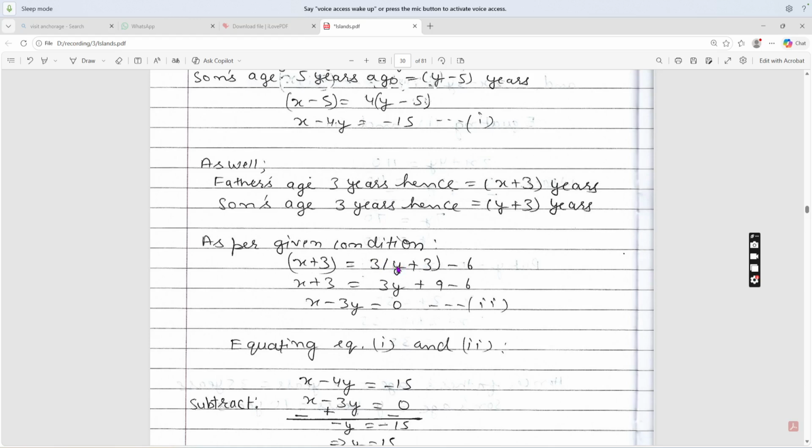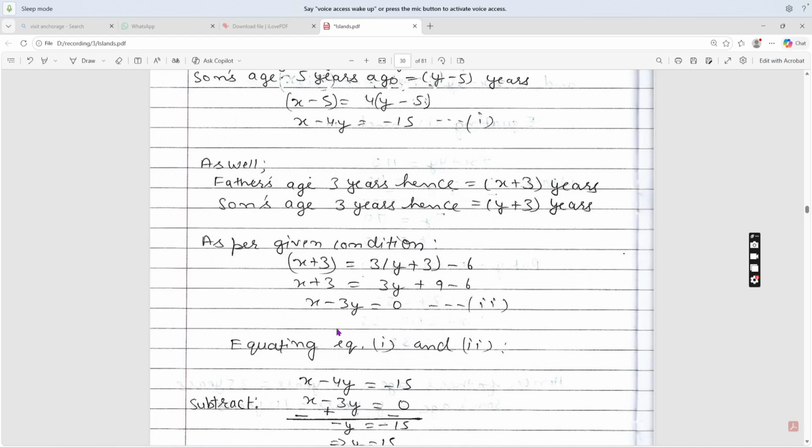Now, the age of his son after 3 years would be y plus 3, that is what we have mentioned here. 6 less means minus 6, then thrice. Now we are going to open the bracket. x plus 3 is equal to 3y plus 9 minus 6. It means x minus 3y is equal to 9 minus 6 is 3, and 3 minus 3 is 0.